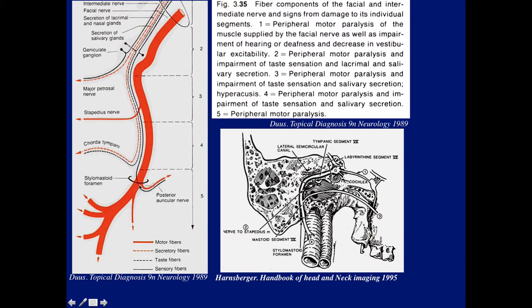But as you go down, you may end up, let's say, in the mastoid segment only with motor symptoms. And for instance, you may have involvement of the stapedius higher up. So sometimes the clinicians will mention that to you. So just be aware, depending where the injury is, you may have all the functions involved, or only partial involvement.